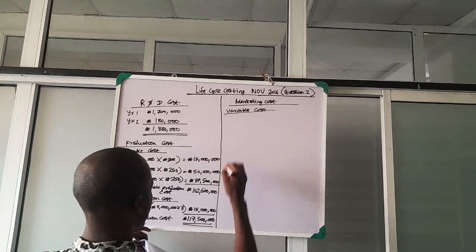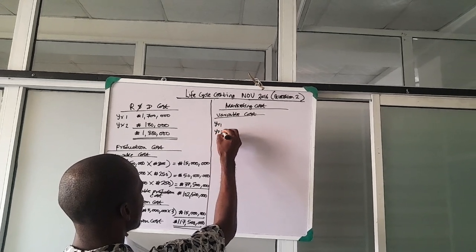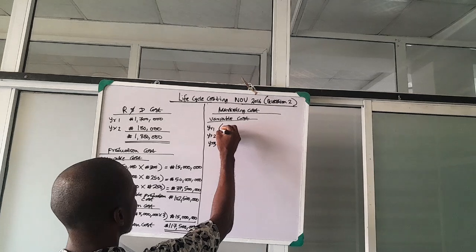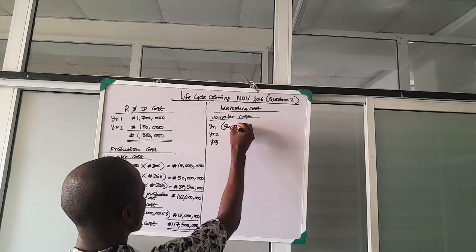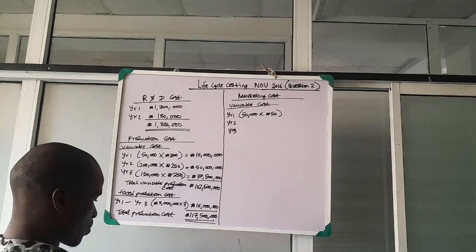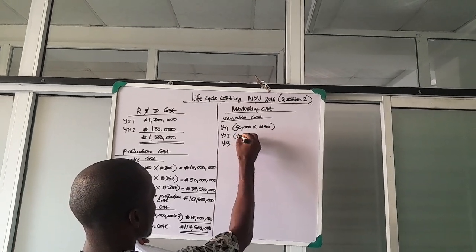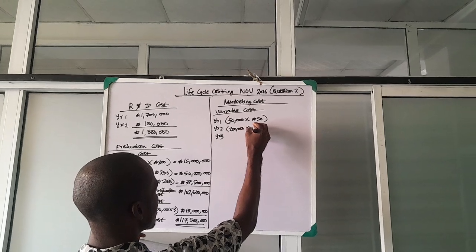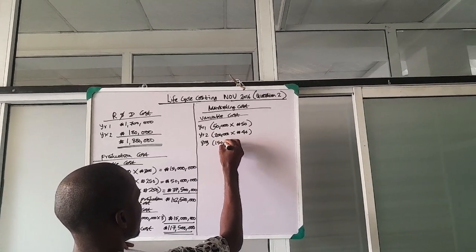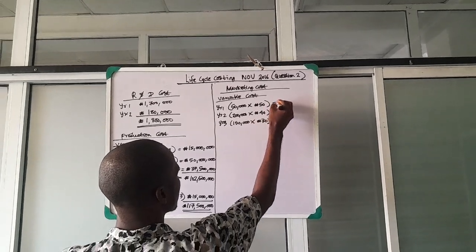So multiply it by the units produced, year 1, year 2, year 3. So 50,000 units times 50 naira, which is the first one. Then 200,000 units times 40 naira, and 150,000 units times 30 naira.